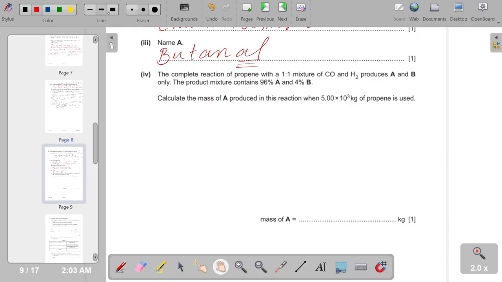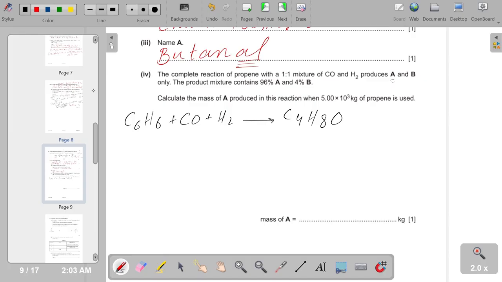You can see we have C3H6, propene, reacting in a 1:1 ratio with carbon monoxide and also with hydrogen. And what is our product? C4H8O. He is talking about that A, the structural formula above.